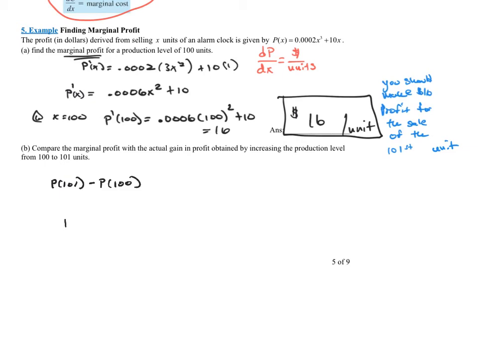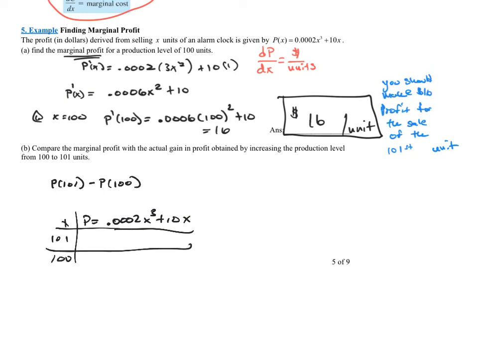So I'm plugging in multiple numbers into the same formula. I'm going to use my table here. I'm plugging in for x, and I'm plugging it into the profit function, which is the original function, 0.0002 x cubed plus 10x. The numbers that I want to plug in are 101 and 100. Use that table feature on your calculator.